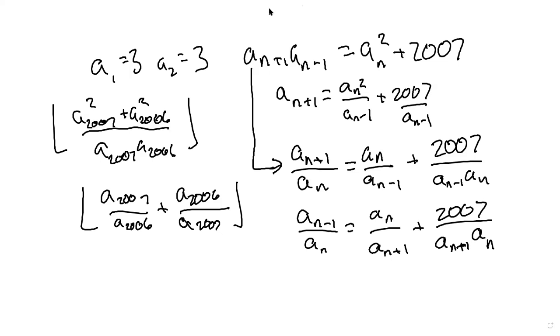This should be a plus 1. And I'll put them in order. All right, is anybody confused as to how I got this expression, or the first expression for that matter? What is the intuition behind dividing by a sub n?